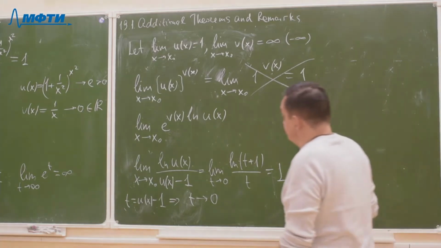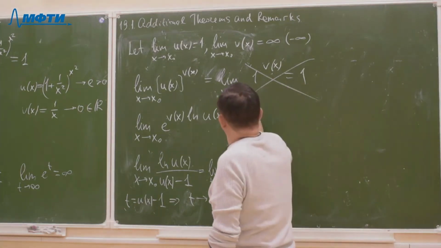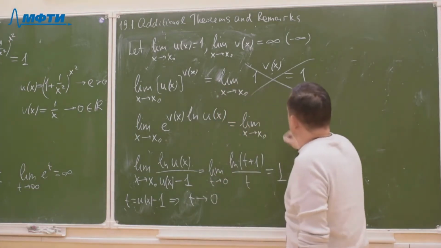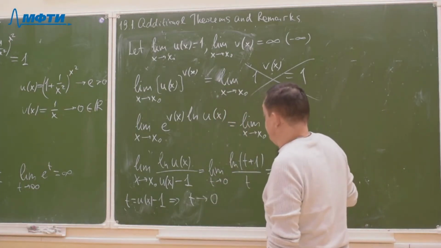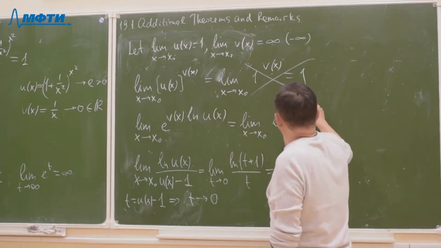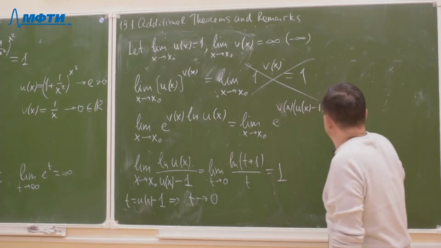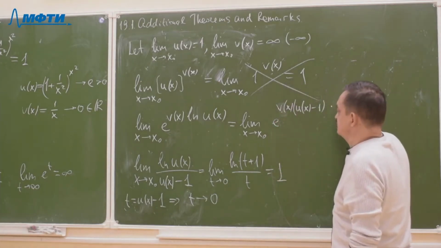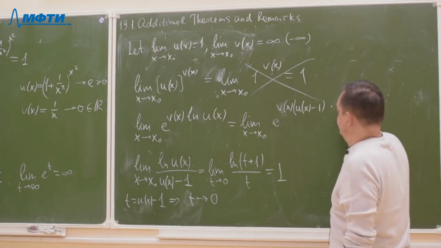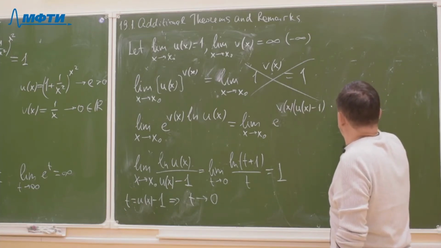So how can we proceed then here? The limit as x tends to x naught of e to the power v of x times u of x minus 1 times logarithm u of x over u of x minus 1.